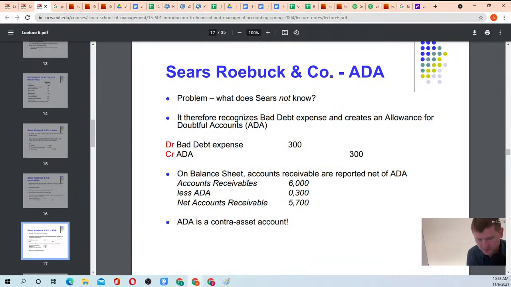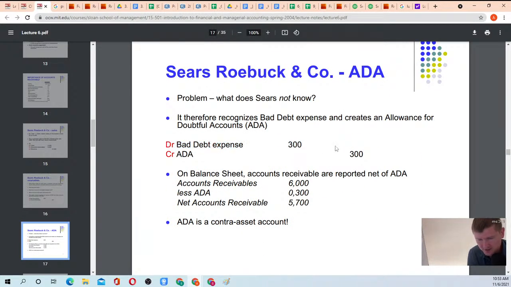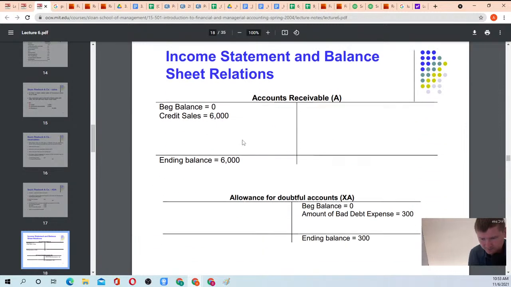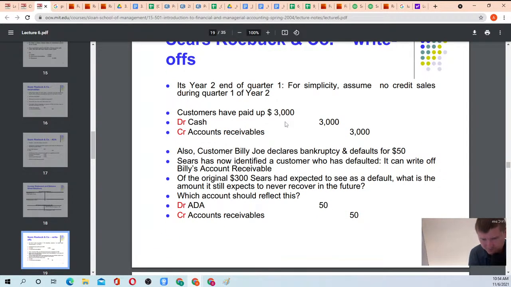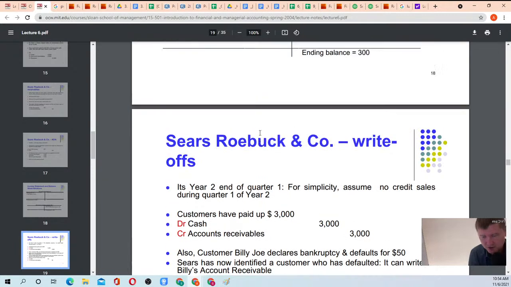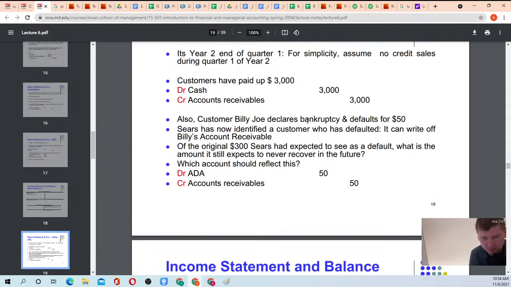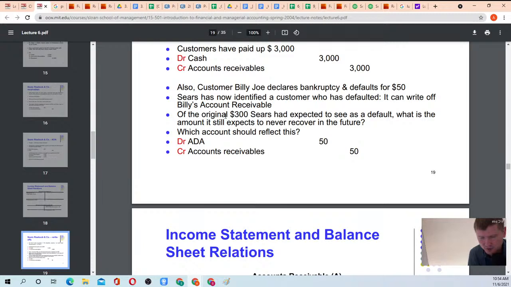If we recognize the revenue and then we realize that we will not collect the full amount of our receivables, we debit bad debt expense and credit the allowance. There is another situation. So that 300 was an estimate based on history, but we also learned that one of our customers goes bankrupt and he owes us $50. And we do that entry against our provision. So we basically totally write off these accounts receivable.